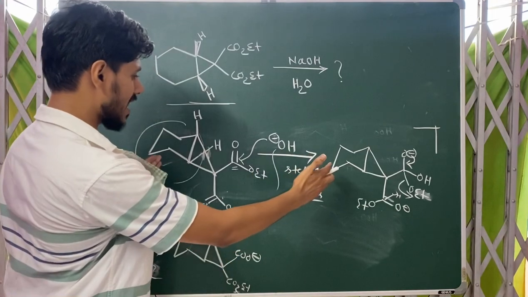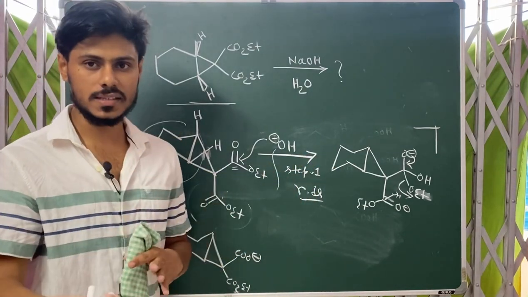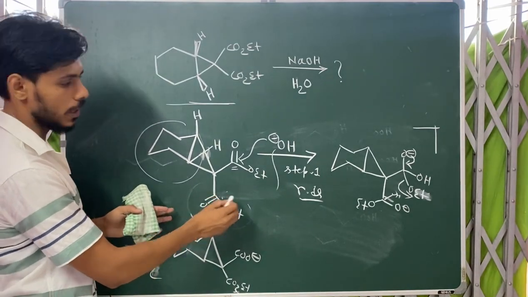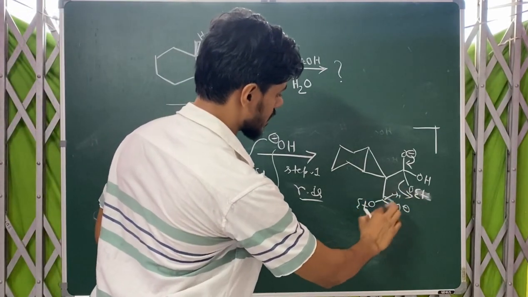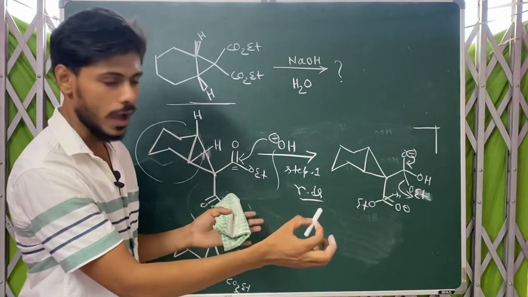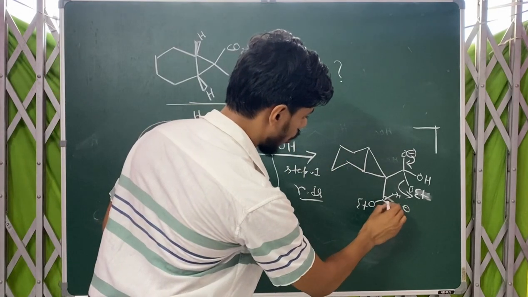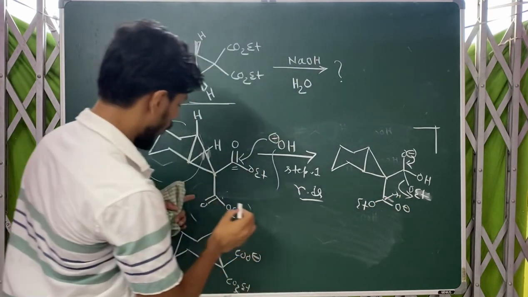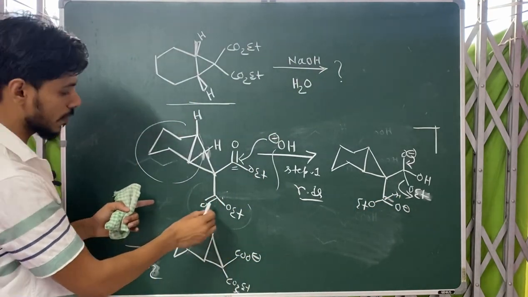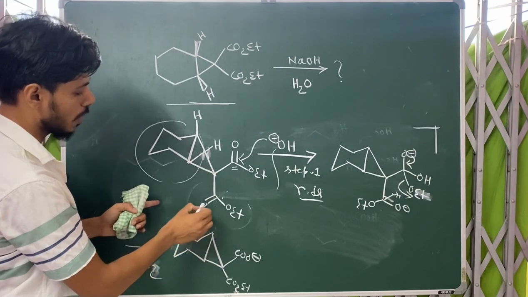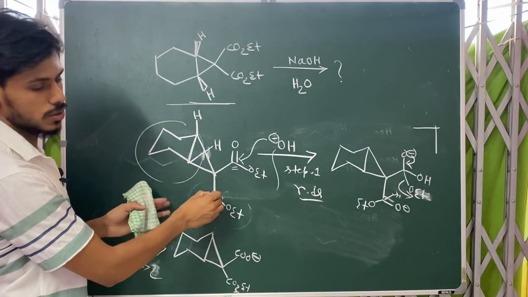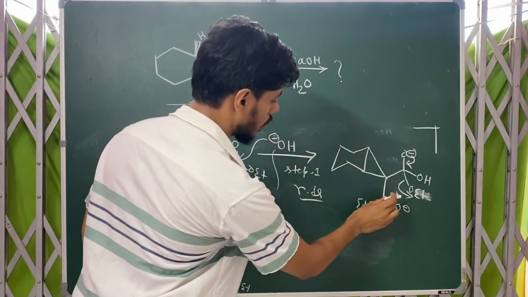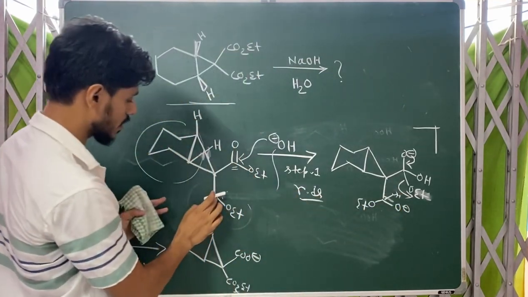So this step determines the fate of the reaction, and you can see that when the attack takes place on this carbonyl carbon atom, the intermediate is very unstable. Why? Because here you have 4 atoms on this carbon, this OH, this O minus and OEt, whereas in the initial starting material you have only 3 atoms, OEt, O and this carbon. Actually on this carbon you have 3 atoms, and on this carbon you have 2 atoms.